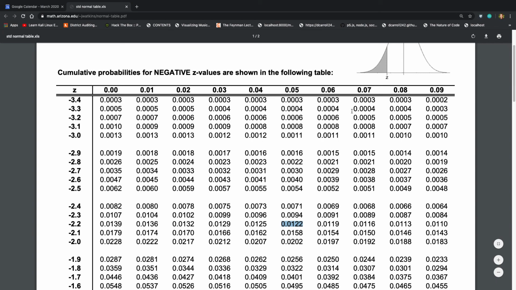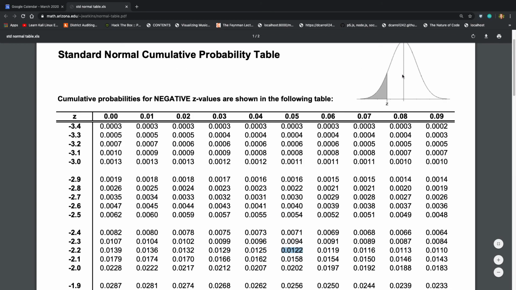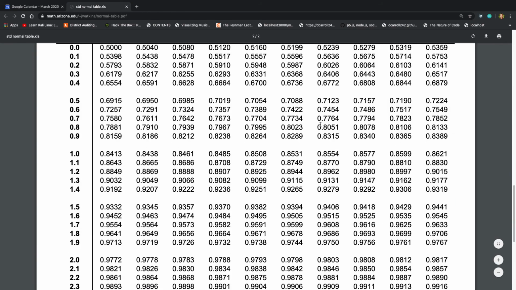And actually, you can answer a lot of questions. Like I could also answer the question, how much is to the right? Well, if this represents 100% of the data or an area of 1, I would take 1 minus 0.0122, or 100% minus 1.22%, to get whatever is on the right. Okay. And again, the other page is really nothing new.